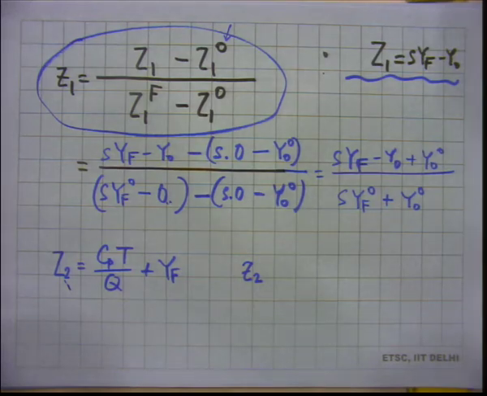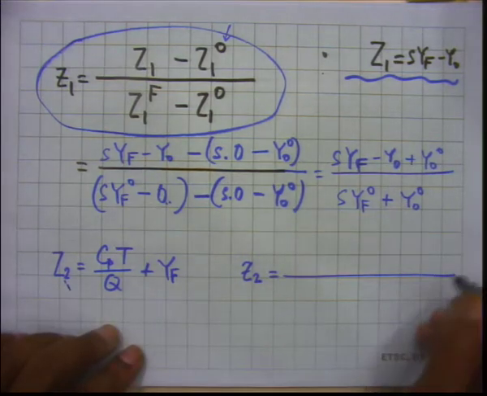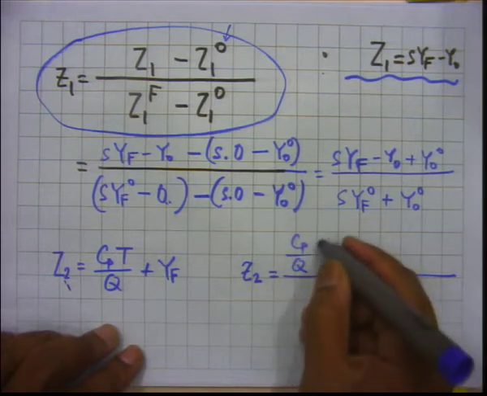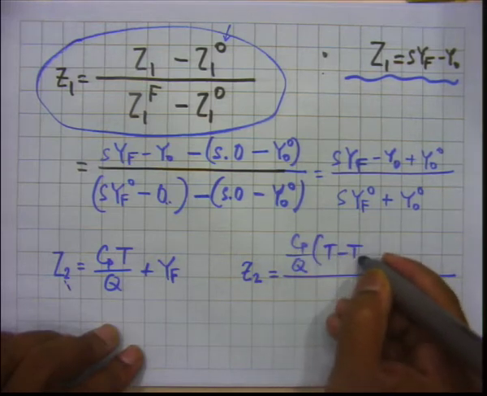So the small Z2 is going to be something like this. You can work out the details yourself, I will directly write what I got after following this same procedure.